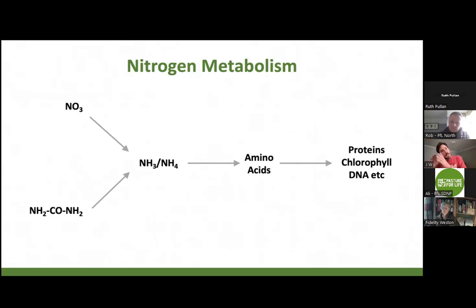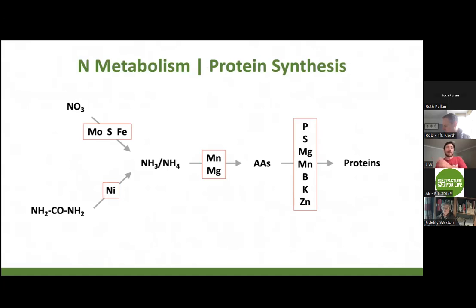But in order to get that, it's not just about applying nitrogen or having nitrogen in the system or making sure that nitrogen is available. Nitrogen is not an island, and it needs other nutrients to work with it. And that's where we add this extra layer of detail onto the slide. So you can see here now we have all sorts of other nutrients in the red boxes.